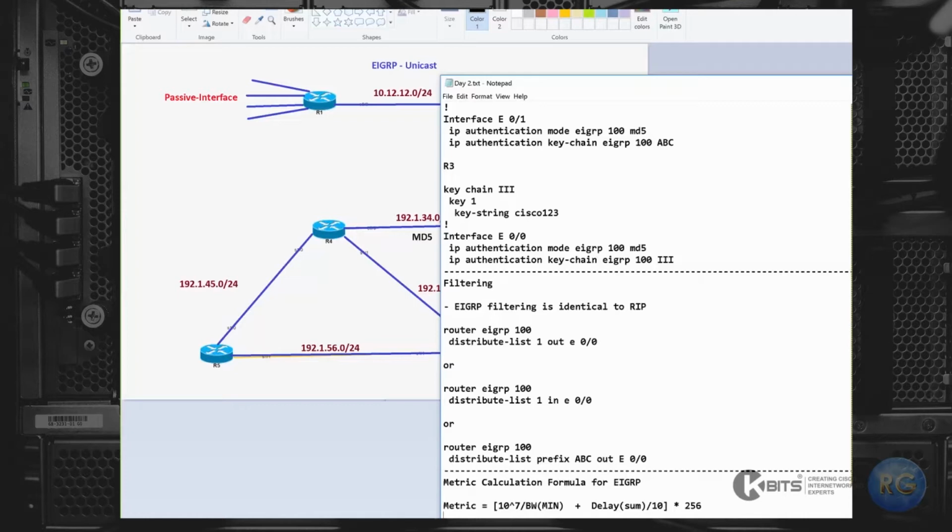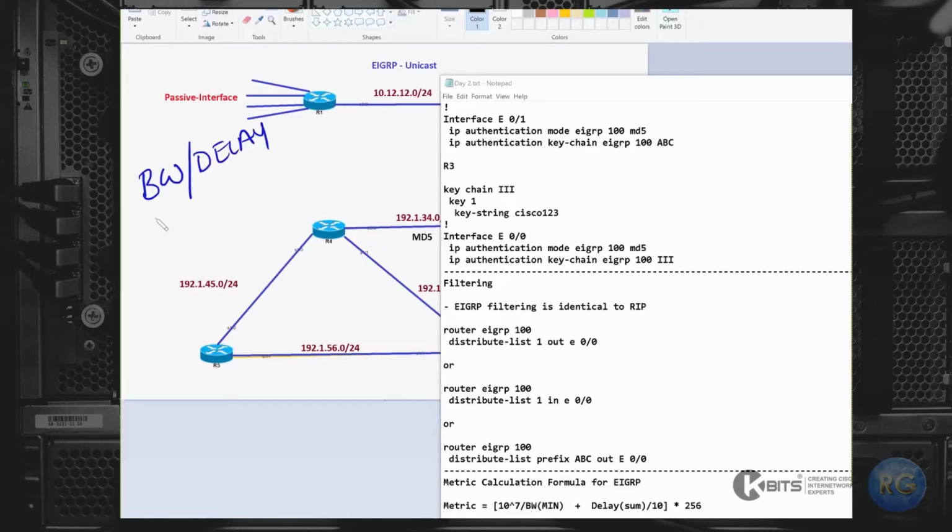So if you take a look at it, there are 2 parameters that are in this formula. What are the 2 parameters in the formula over here? Bandwidth and delay. Every interface that you have on a router has these two parameters set: bandwidth and delay.